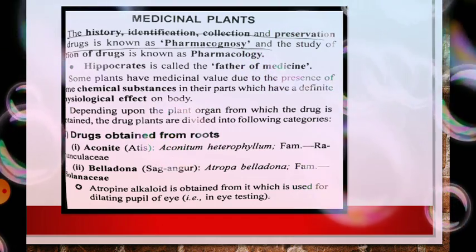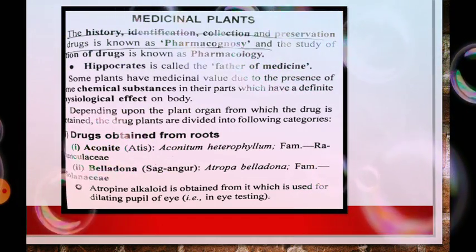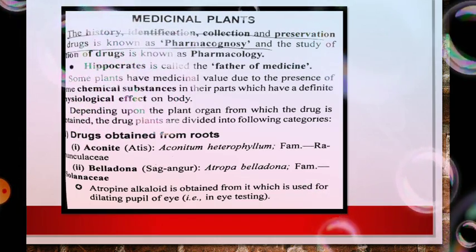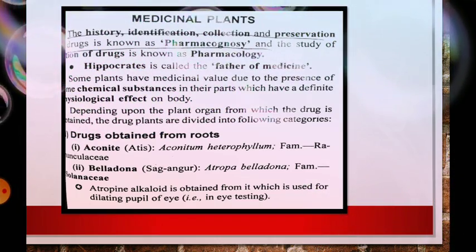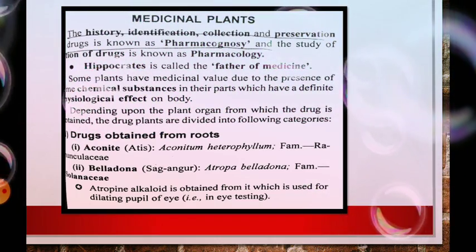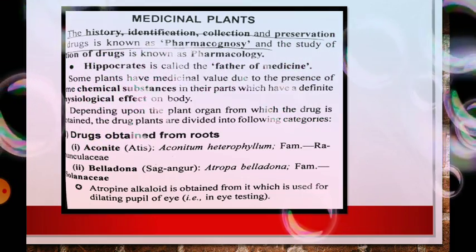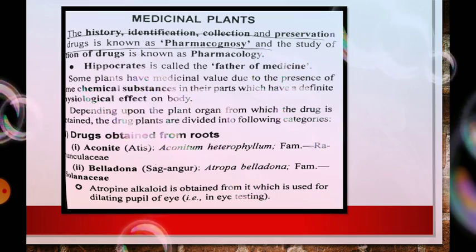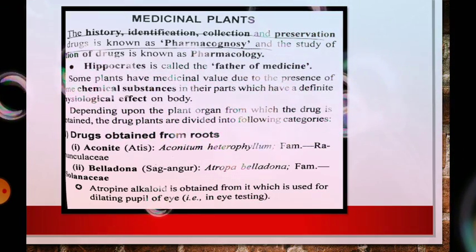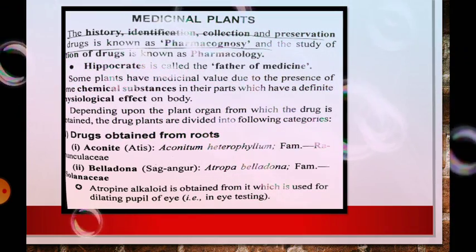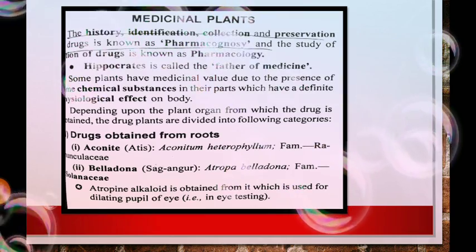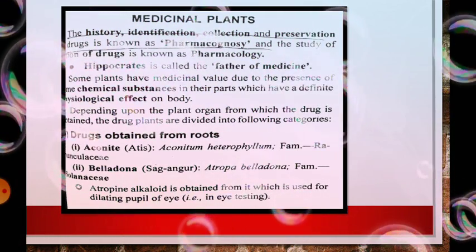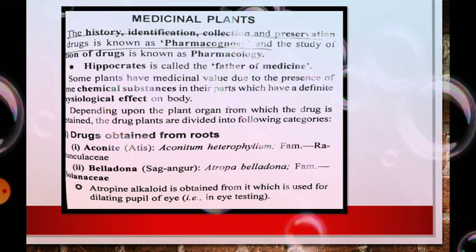Some plants are mainly used for medicinal purposes due to the presence of chemical substances in their parts which have a definite physiological effect on our body. In our daily lives, most plants have medicinal values.